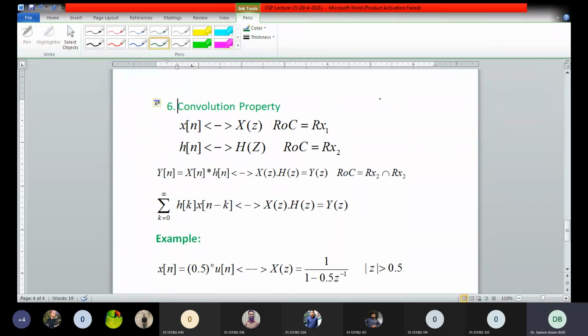Let's draw here time domain, time, and let's call it frequency. If you convolve here, you have to multiply here, and if you multiply here, you have to convolve here.